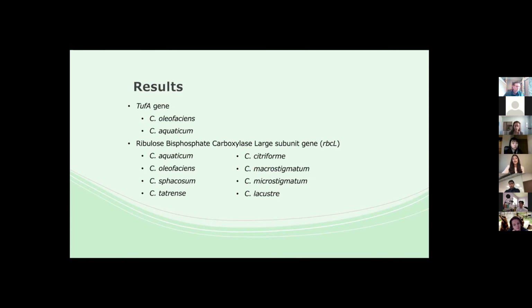And then I was able to run the ribulose bisphosphate on 8 different species, because other than the Aquaticum and the Oleophasians, those were the ones that I didn't get very good purity or concentration on, yet they were able to be run through PCR successfully.